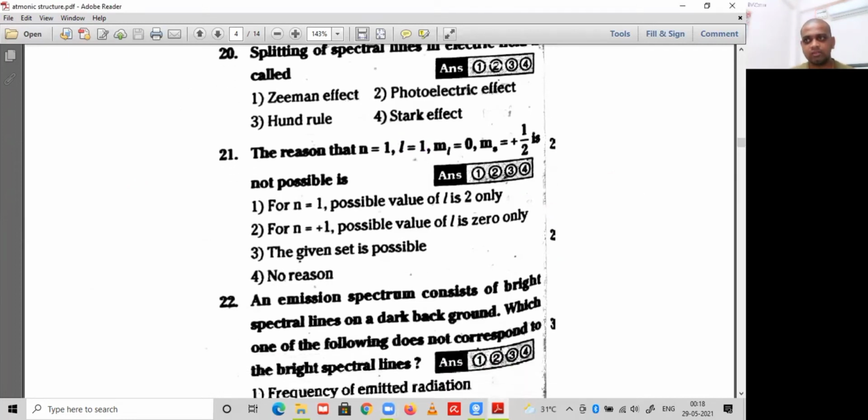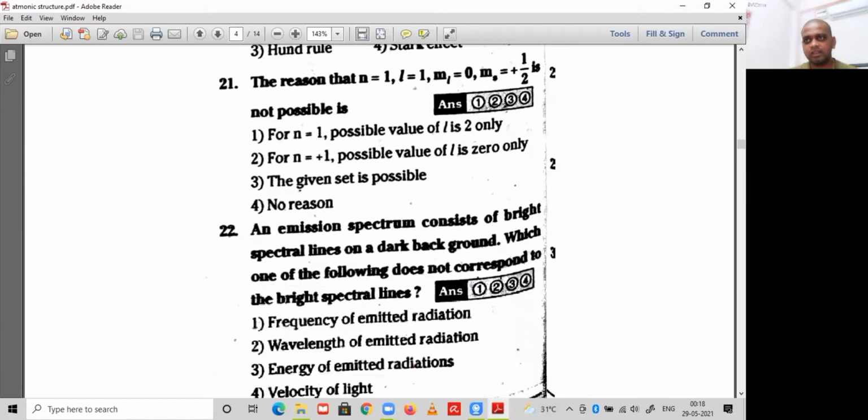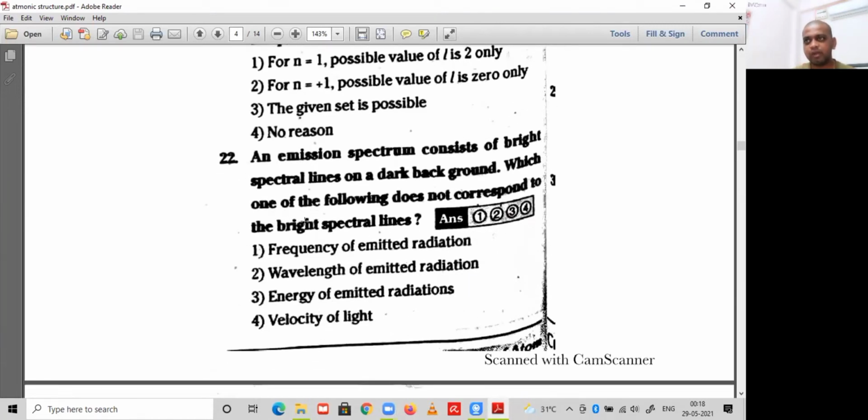Now the next question. The emission spectra consist of bright spectral lines on a dark background. Which one of the following does not correspond to the bright spectral lines? The options given are frequency of the emitted radiation, wavelength of the emitted radiation, energy of the emitted radiation, and the velocity of that light. So option 4 is the correct option. Why?